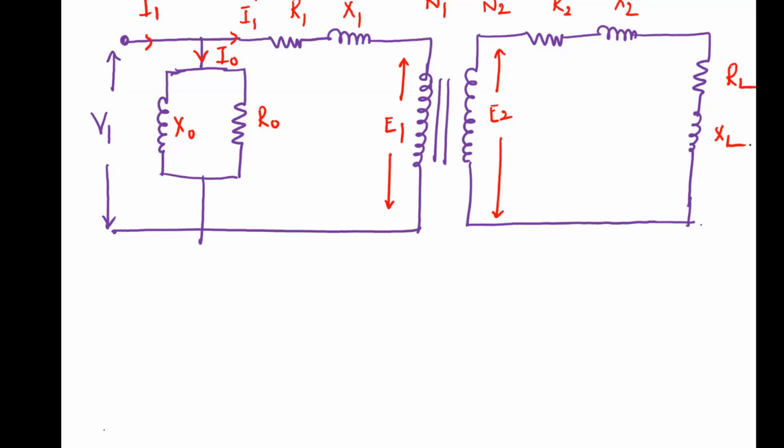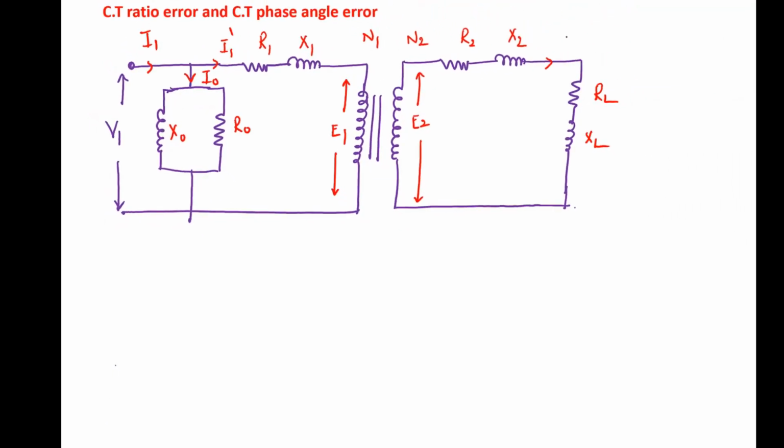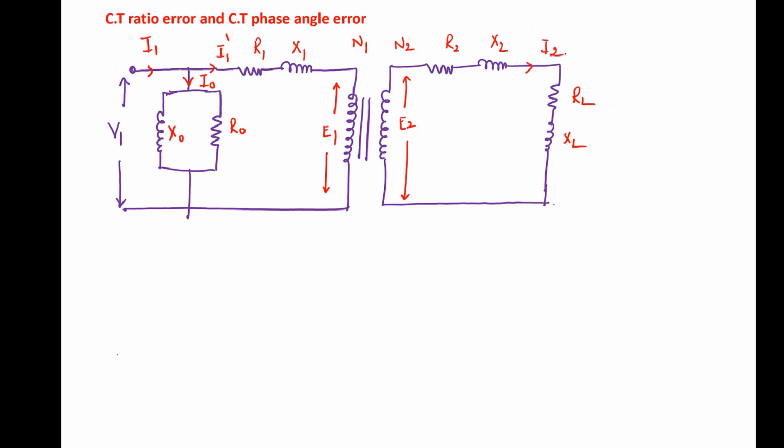Now the current that is flowing through the secondary is how much? I2. Now, what is the turns ratio? Let N2 divided by N1, let us call this nominal turns ratio, small n, equals N2 divided by N1.